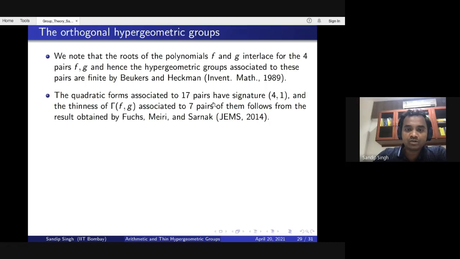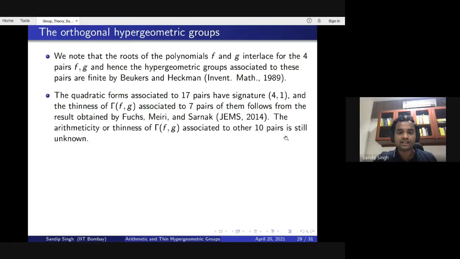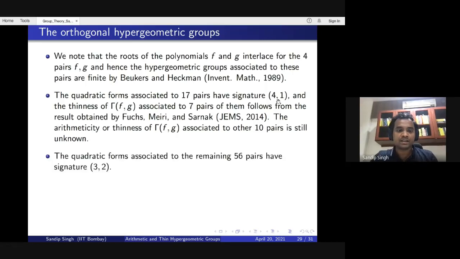The quadratic form associated to 17 pairs has signature 4,1, and the thinness of gamma f,g associated to 7 pairs of them follows from the result obtained by Fuchs, Meiri, and Sarnak. And for the other 10, arithmeticity or thinness is still unknown. But yeah, this is the hyperbolic type of signature 4,1.